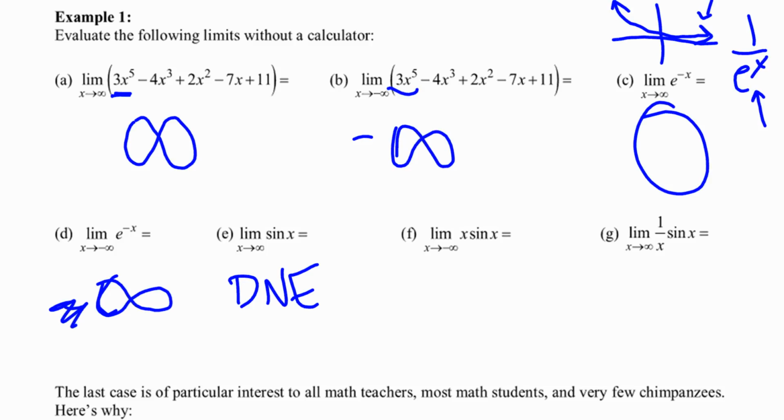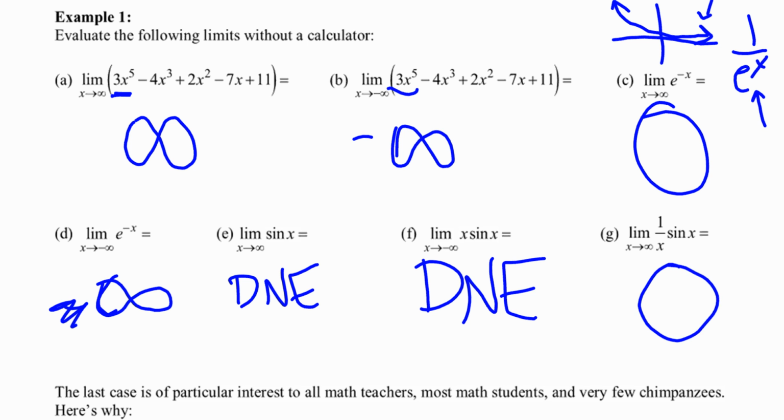In the next example, we have negative infinity, so we'd have negative infinity times -1, negative infinity times +1, oscillating back and forth in between those values. Again, it does not exist. Now this last one, it seems similar to E and F, but 1 over x, as x approaches infinity, the y values are approaching 0, and 0 times anything gives you 0.